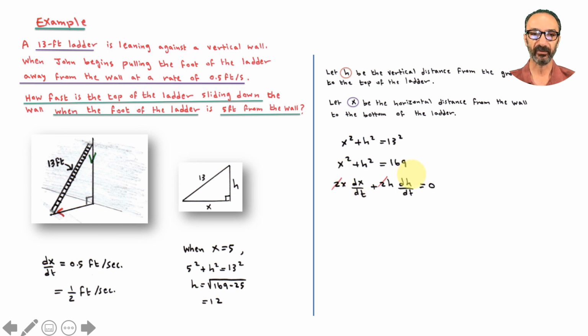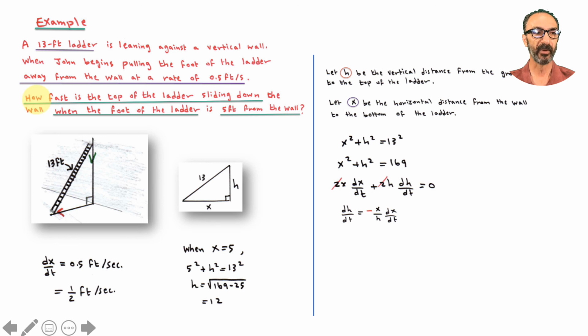Finding the derivative now, this is the main part. Everything here is to get ready for this part. With respect to time, 2x dx/dt plus 2h dh/dt, and that's of course 0. Divide everywhere by 2. I get a cleaner look.